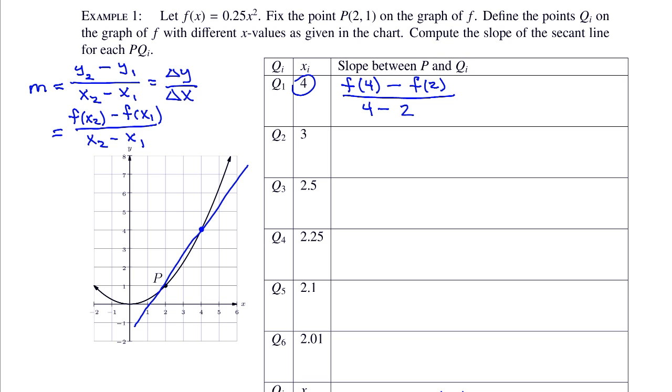Now, there's a shortcut way of doing some of these things in your calculator. If you want to take a look at that real quick. So first thing, go ahead and go into y equals and plug in the equation of the function that we're looking for, 0.25 x squared.